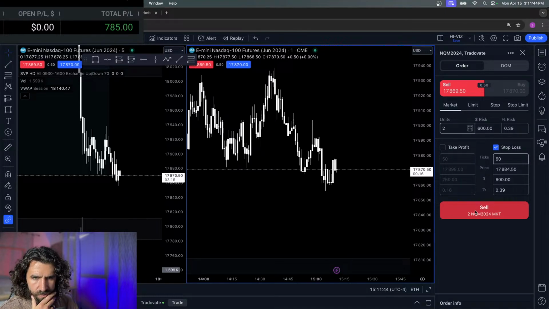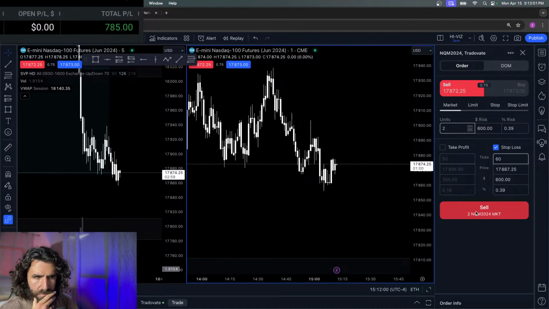I want to try the shorts again from up here. This might not be a terrible area. Not yet. Not just yet. That's the 5-minute bar flipping.